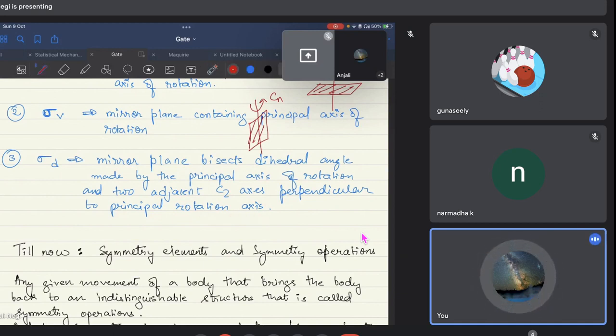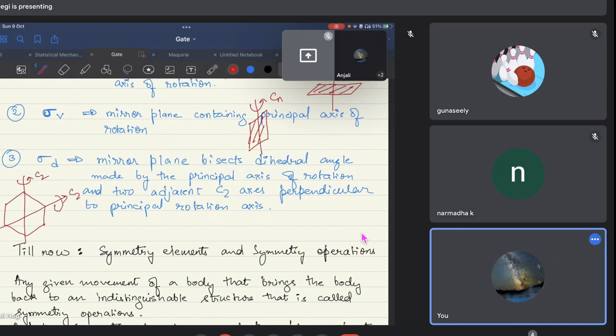You can understand this a little bit; I have the example in a later slide also, but here this is a benzene molecule. This is your C2: I can flip the whole benzene ring by 180-degree rotation and get a symmetric structure again, and this is another C2.